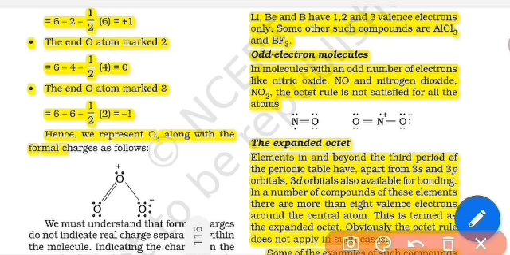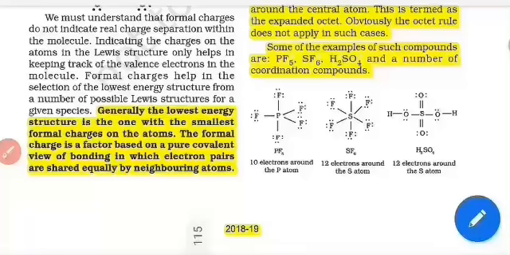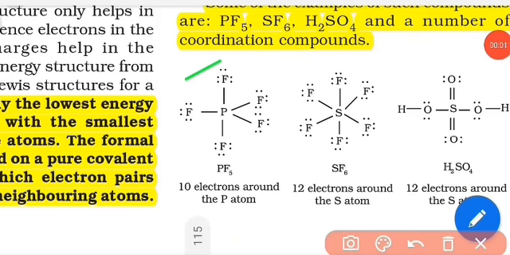Next drawback is expanded octet. In some of the molecules, it was found that the number of electrons in the valence shell of the central atom is more than 8. For example, PF5. In PF5, phosphorus is the central atom. It makes 5 bonds with 5 fluorine atoms.